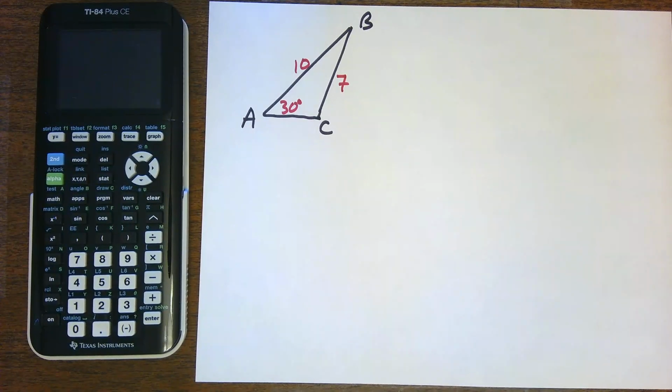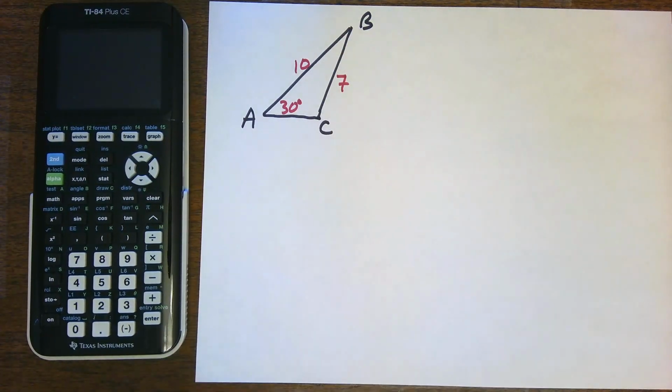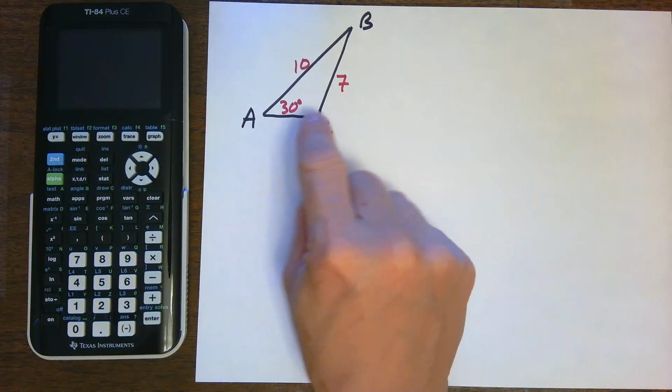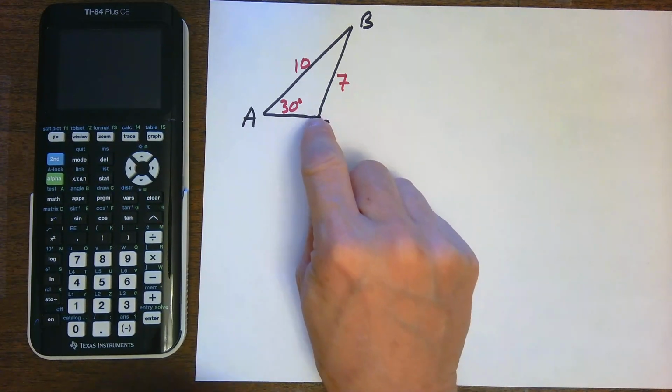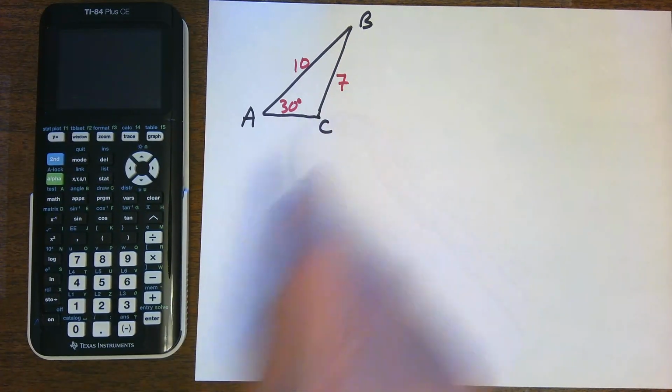So here, clearly, we have a case where it most likely is the ambiguous case, where this side 7, I could swing it over here and create a whole other triangle. All right, so I really want to focus on angle C here. One of the possibilities for angle C is going to be obtuse, the other one is going to be acute.